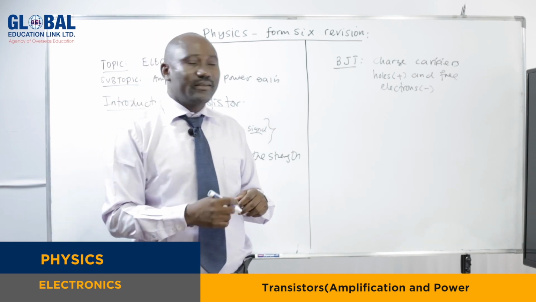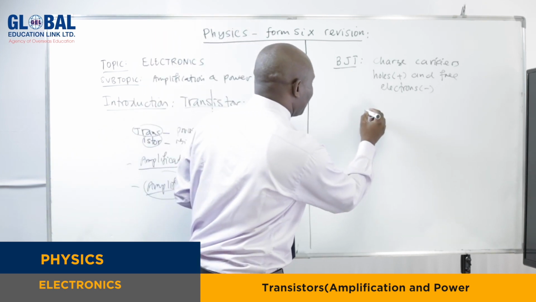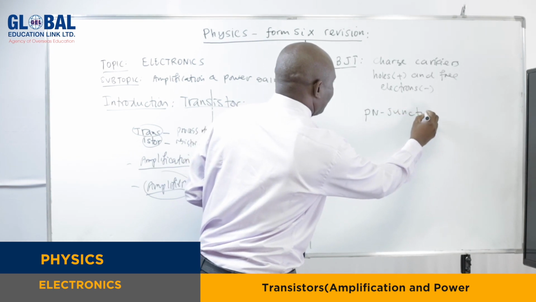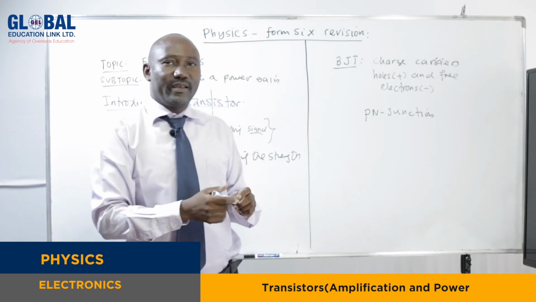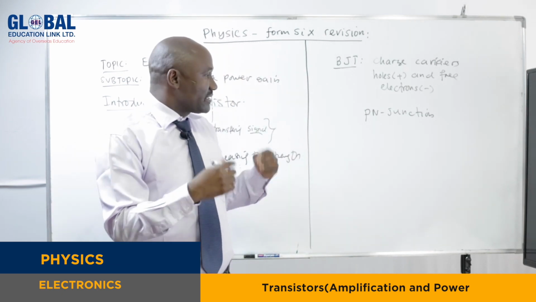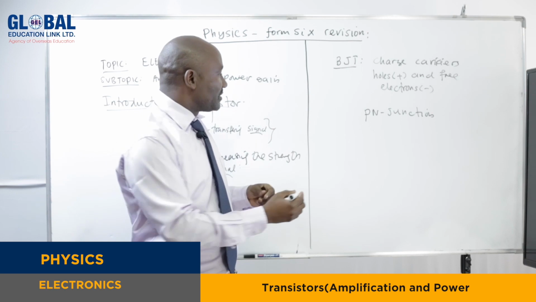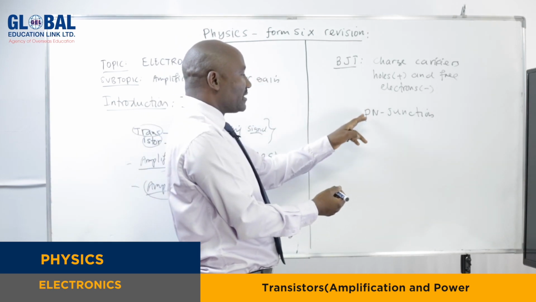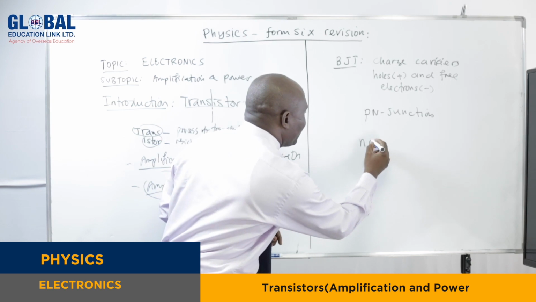This is made by, if you remember, your PN junction. If a PN junction is lightly doped, if you bring an N doped on this side, you have NPN.